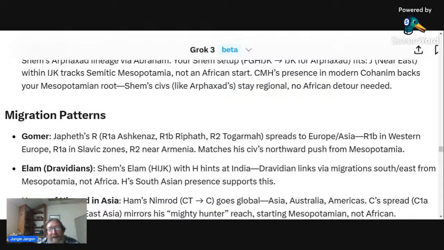And the fact that the out of Mesopotamia model fits with the known SNP markers, as long as you understand what's going on, it fits so well and so perfectly that everyone has their own haplogroup marker.